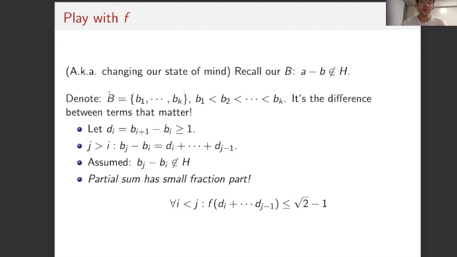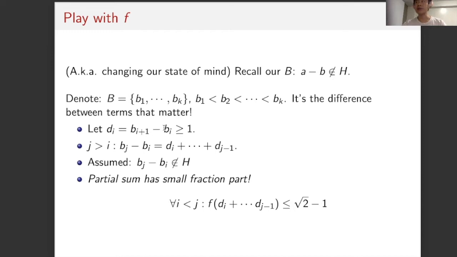One natural way is to sort the numbers of B from b1, the smallest, b2, all the way to b sub k, the biggest. And then we consider the difference between adjacent numbers. So in this case, d sub i will be b sub i plus 1 minus b sub i.